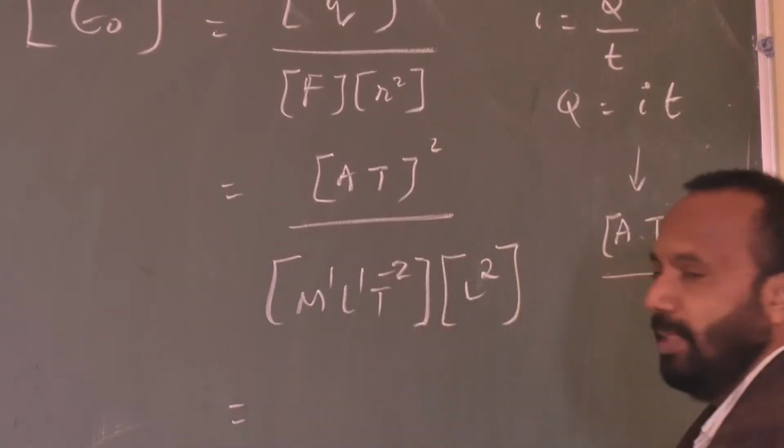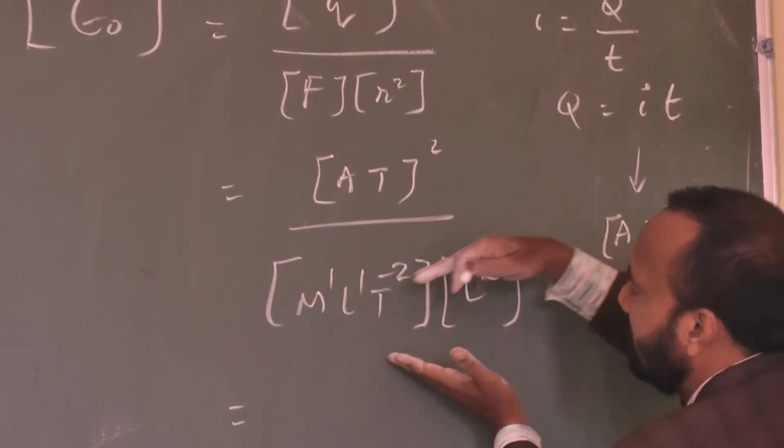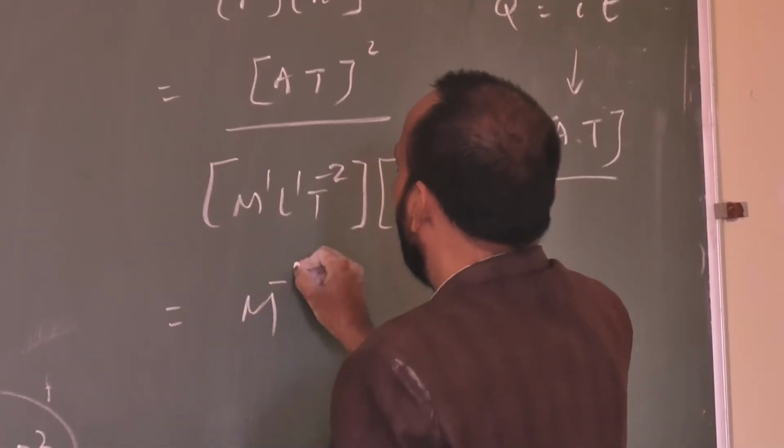Now the terms in the denominator, I will take to the numerator. So M to the power minus 1.